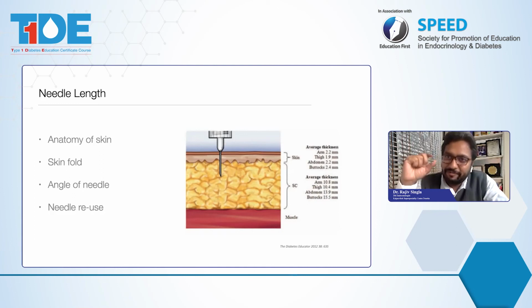So ideally, if our needle has a 4 mm length, then we can inject our pen or the syringe at a right angle to the surface, and that should go into the subcutaneous tissue whatever your level of fatness is. For very small children, we may need to raise a skin fold, because we want it to go beneath the skin.